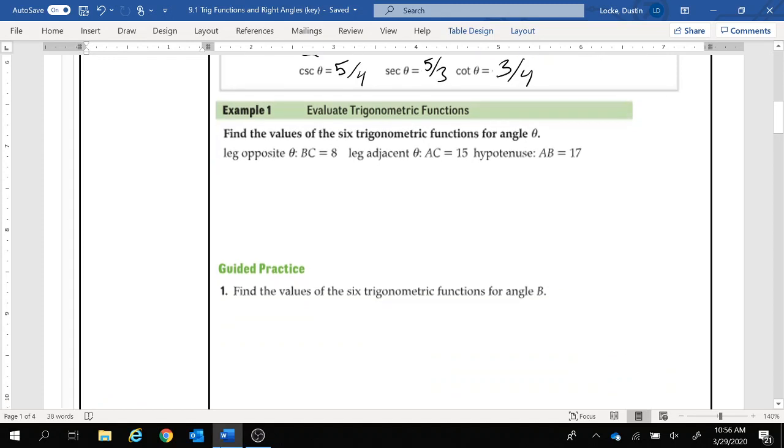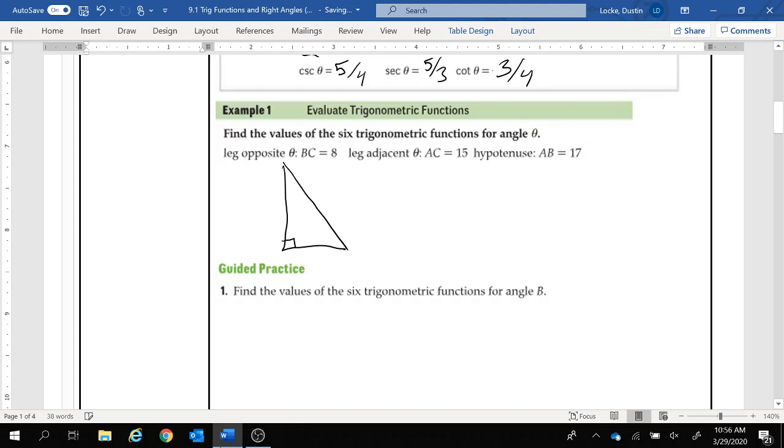All right, so let's do an example where we have to evaluate our 6 trig functions for an angle theta. Now, what's going to happen on this problem is it's going to give you 3 side lengths. You have your opposite, you have your adjacent, and you have your hypotenuse. You don't have to do this, but I think it's definitely going to help: let's just draw a right triangle.